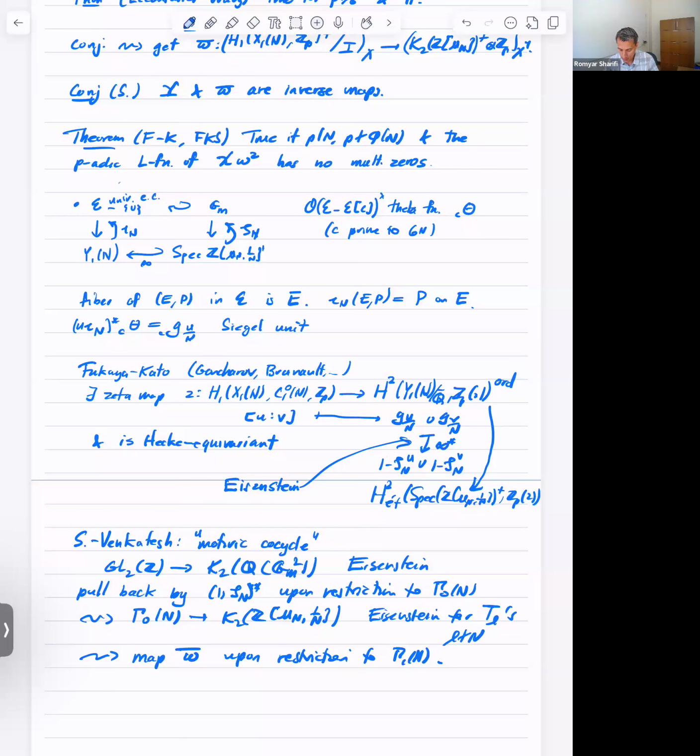And the nice thing about this motivic cocycle is it gives you the possibility of constructing maps in other settings.